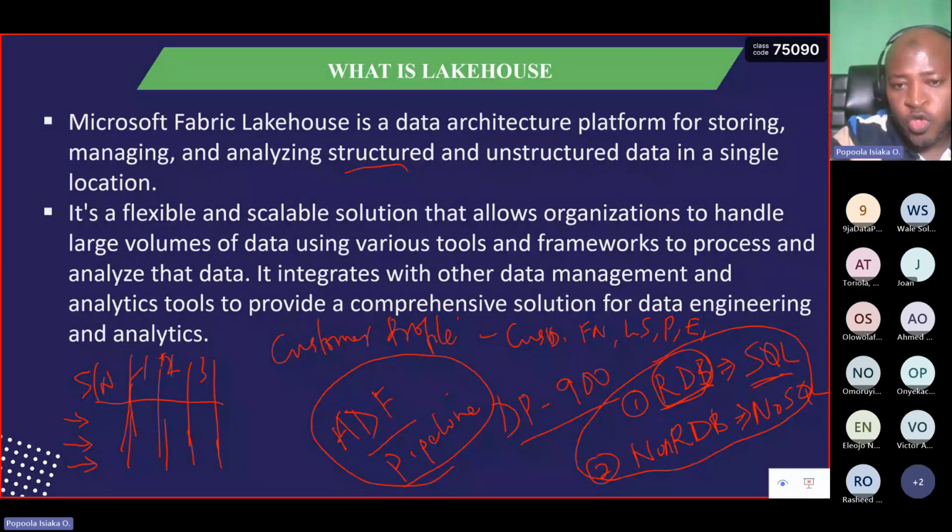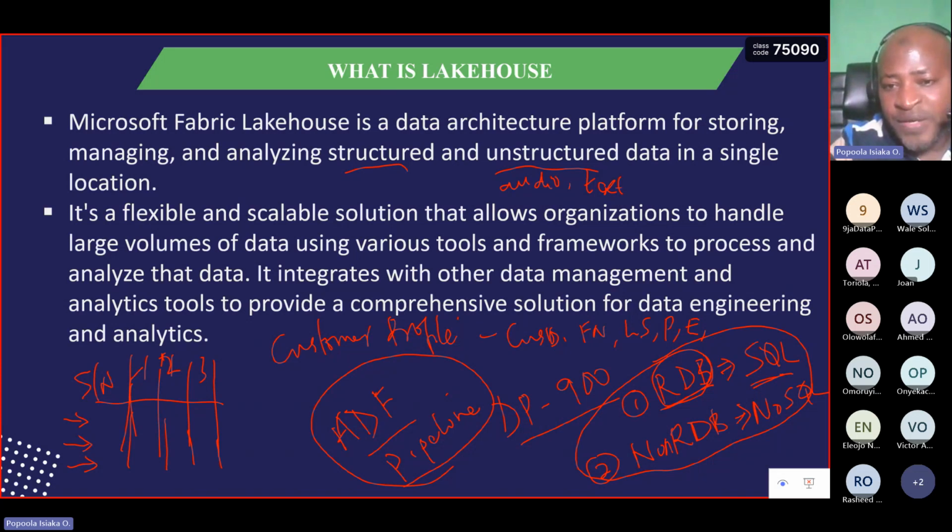But unstructured data is a situation whereby you have different types of data formats that come together. Maybe the data format can be audio. You can have an audio clip as your data format. You can have text as your data format, right?